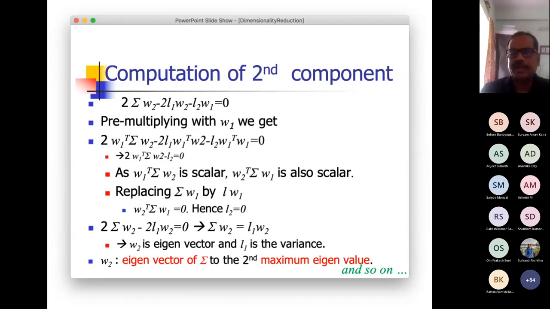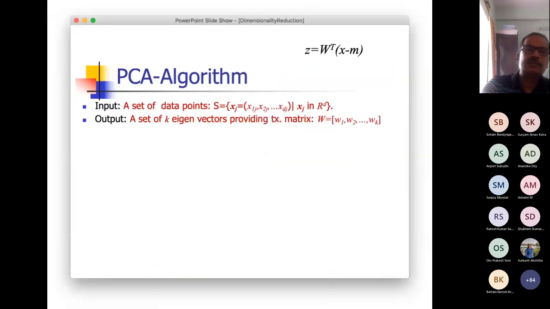So that defines the subspace. Your feature extraction would be, for any data point, you take those k components. That k-component vector itself will represent the data point now. So instead of a d-dimensional data point, you have now a k-dimensional data point. So this is the principal component analysis algorithm.